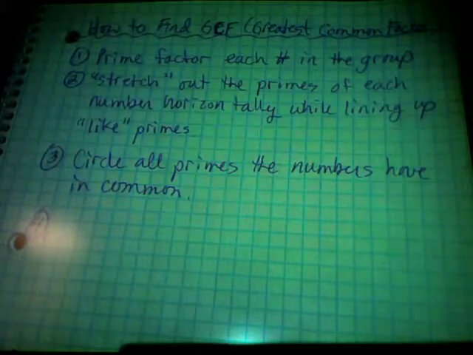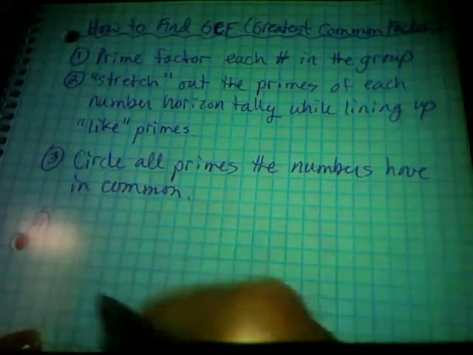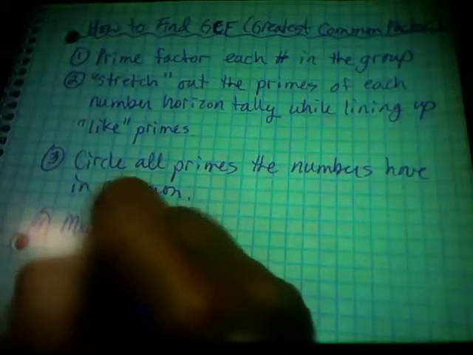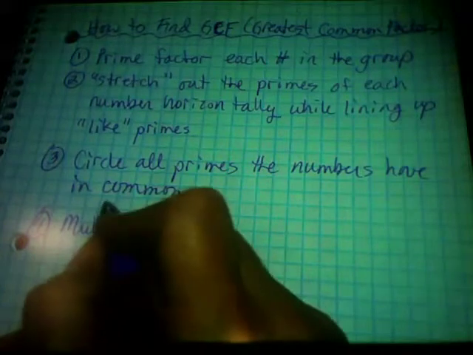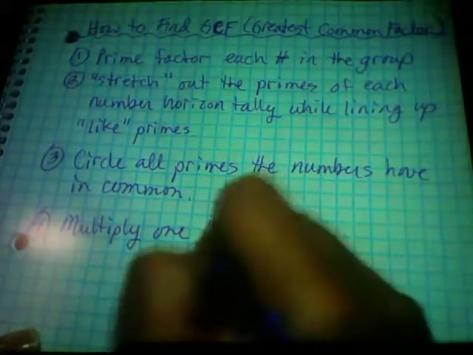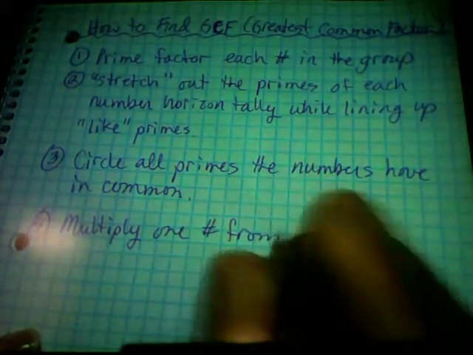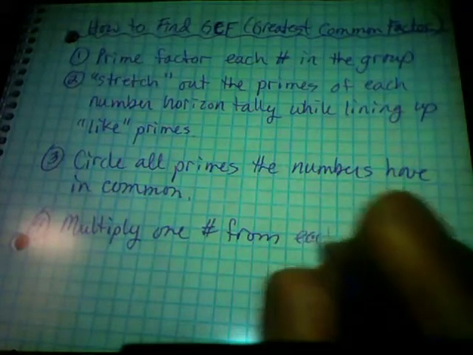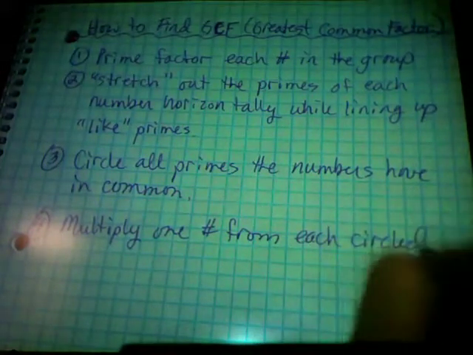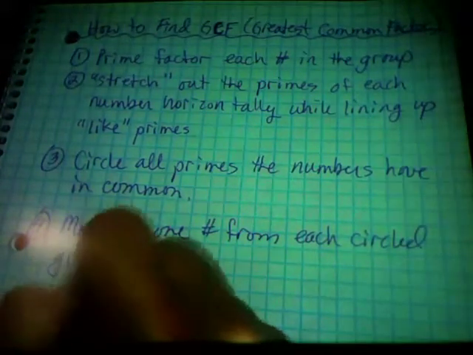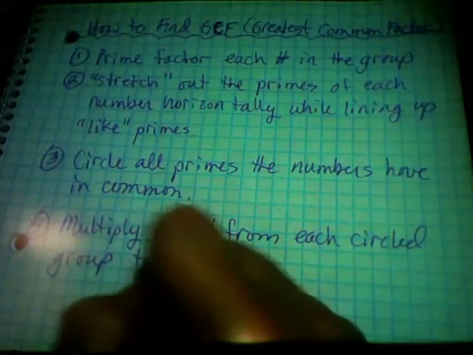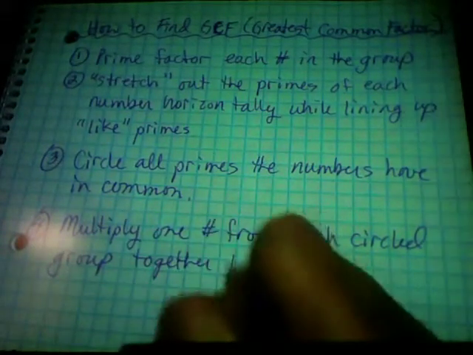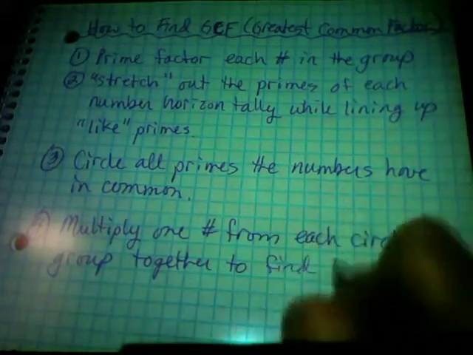And then one last step, we will multiply one number from each circled group together to find the GCF.